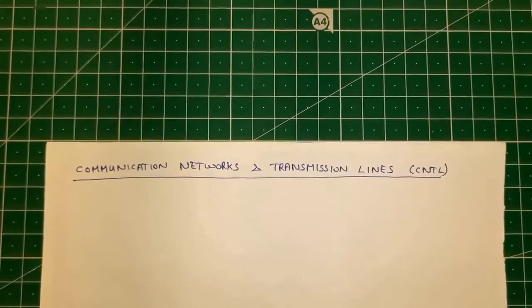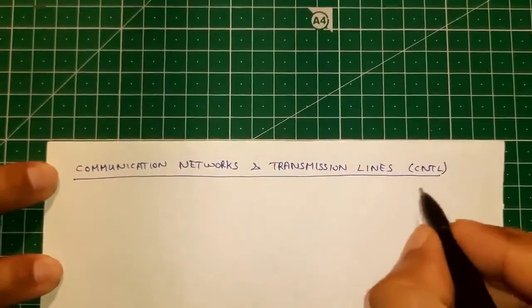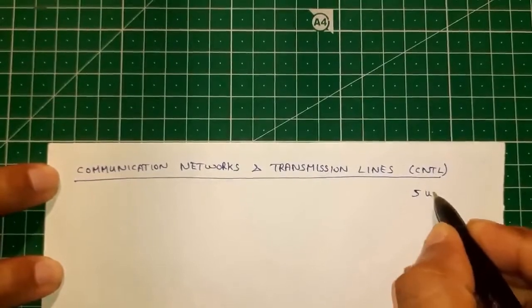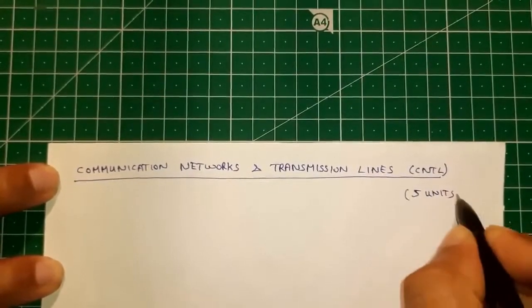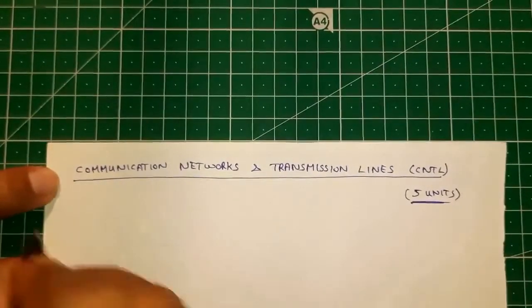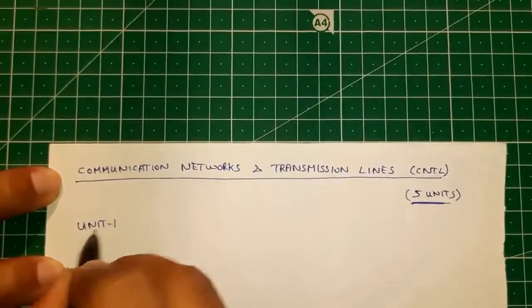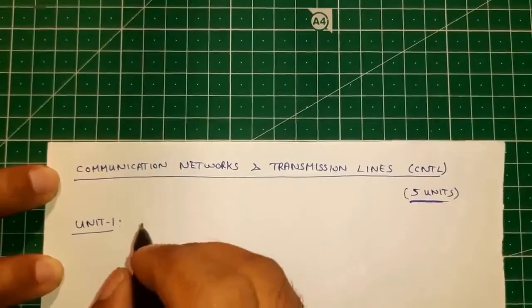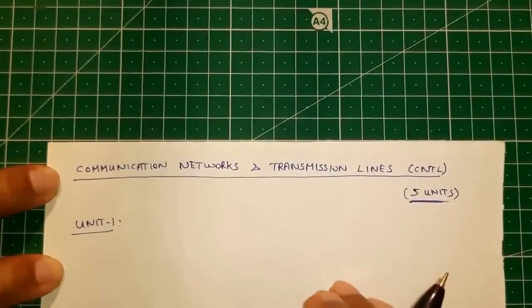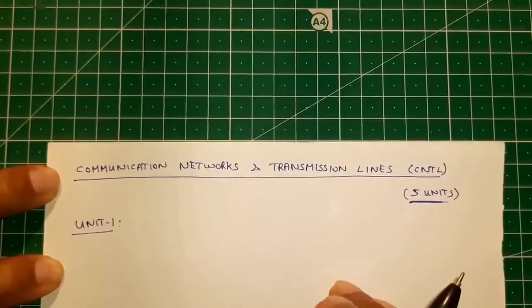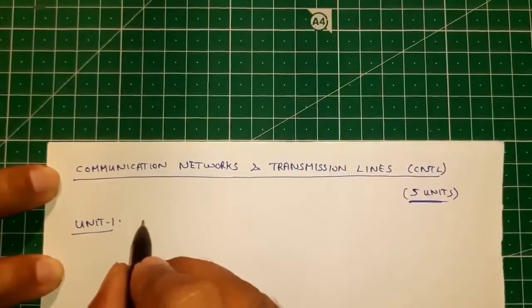So this course is divided into 5 units. So in unit 1 we'll be focusing on certain characteristic parameters of symmetrical and asymmetrical two-port networks.